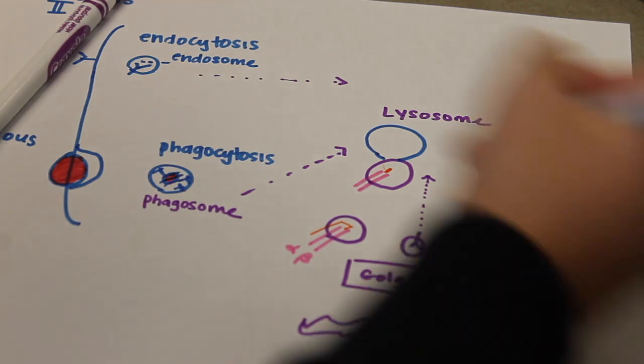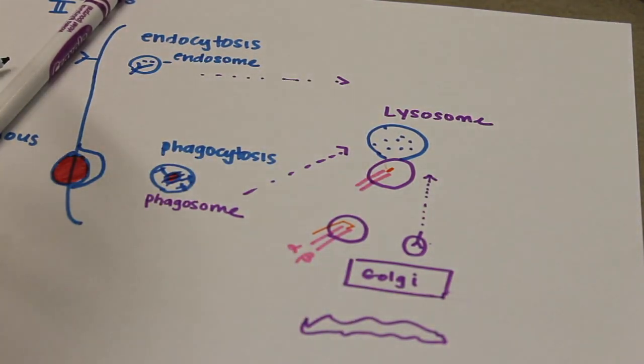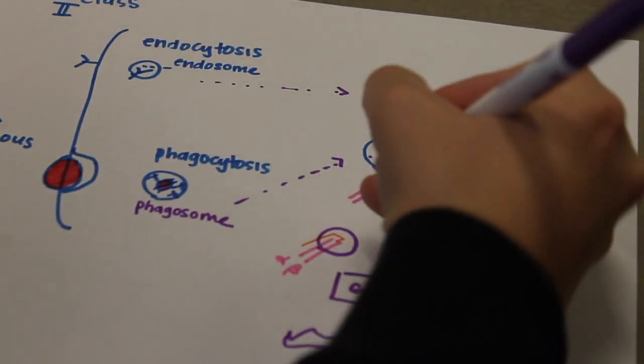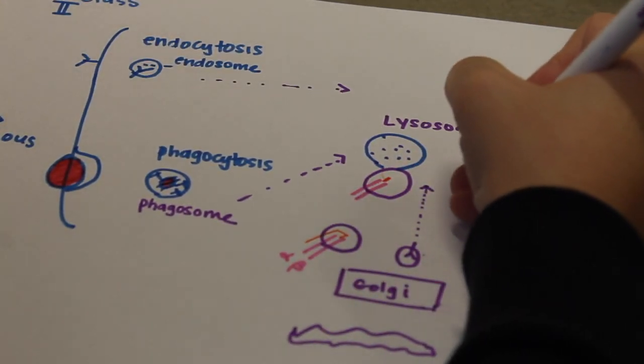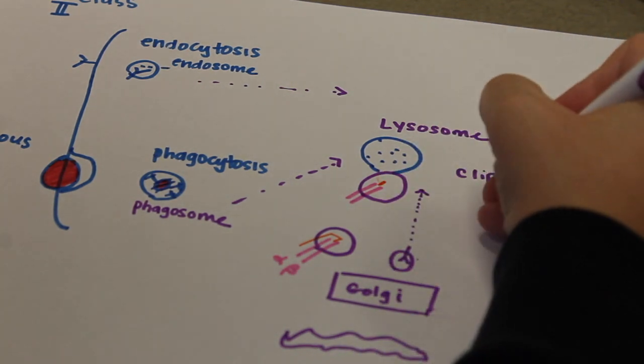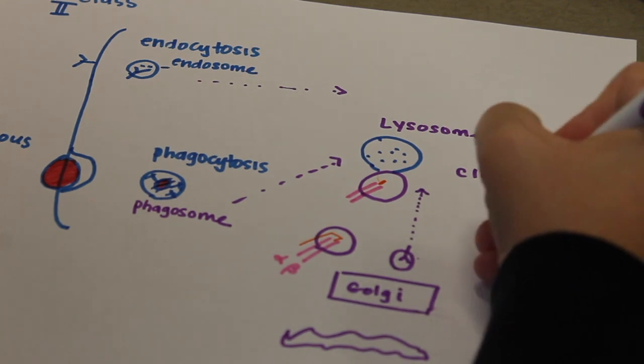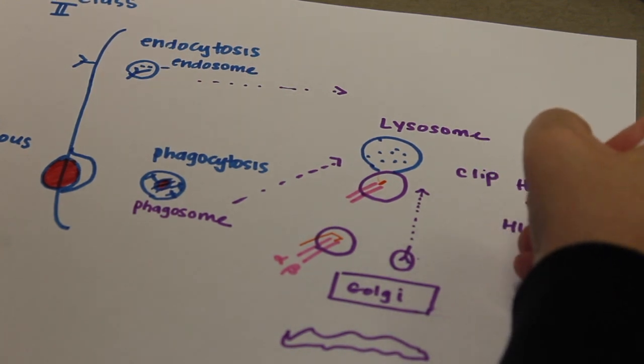These all fuse together. So now we have peptide in here. And this CLIP is exchanged for peptide by HLA-DM. And of course, HLA-DO antagonizes this.